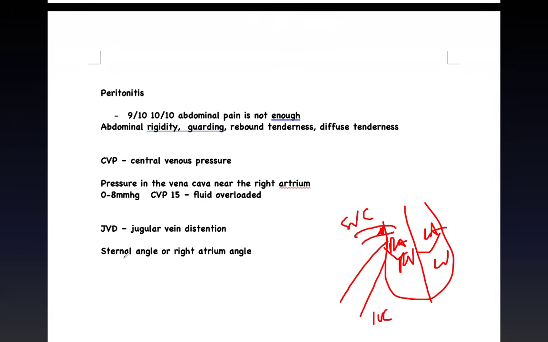If it's a sternal angle, then you're looking for 0 to 4 centimeters of water. That's the pressure, right? 0 to 4. If it's the right atrium, you're looking for 6 to 8. So pay attention, depending on which one they give you.